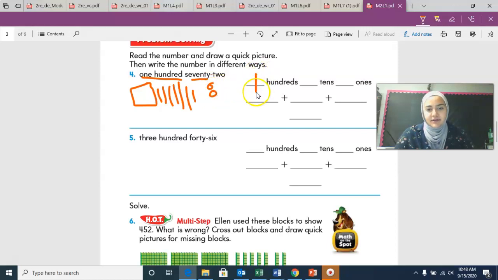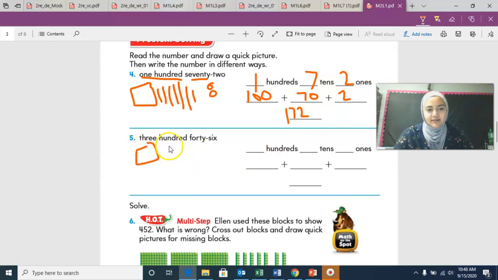There's 100, there's 7 tens, and there's 2 ones. How do we write that in expanded form? That looks like this. 100 plus 7 tens is the same as 70 plus 2 ones. What's your number put together? 172. Very good.